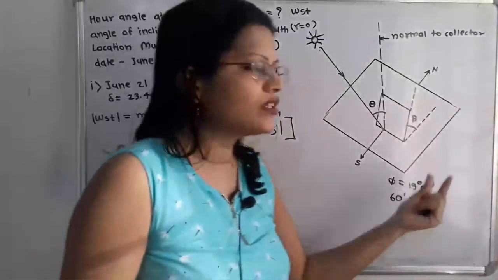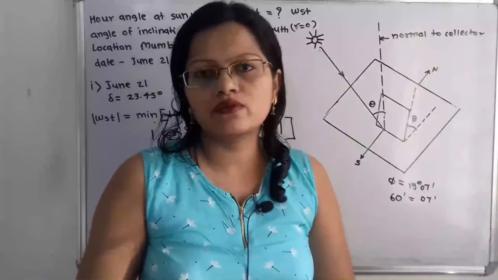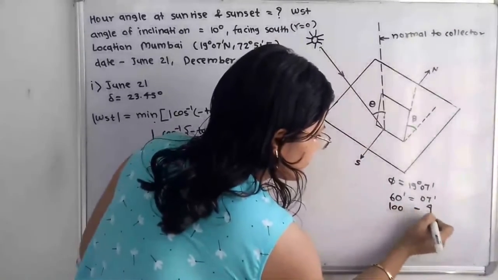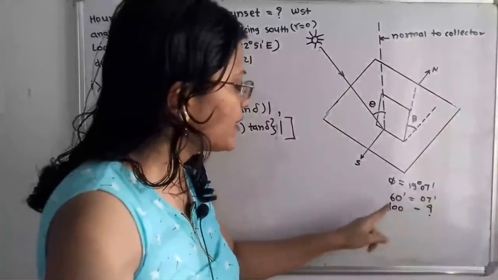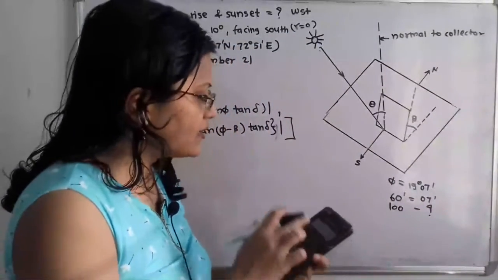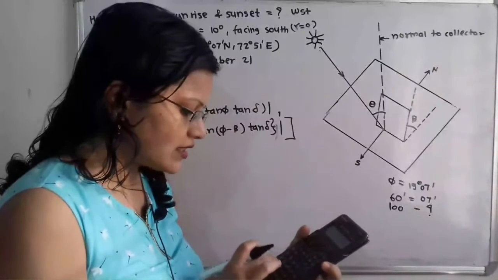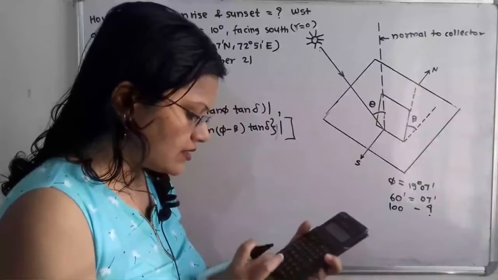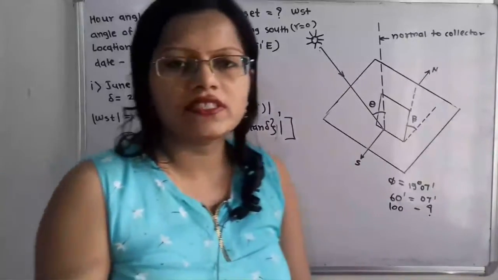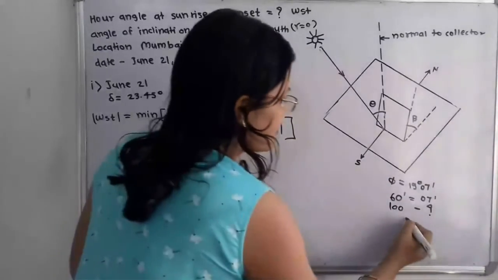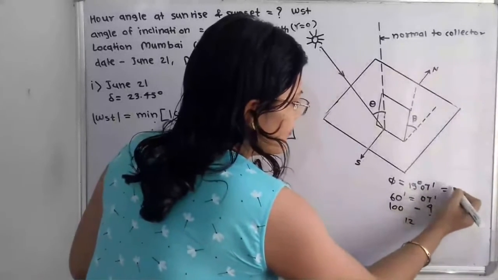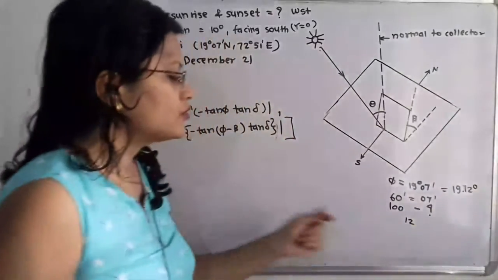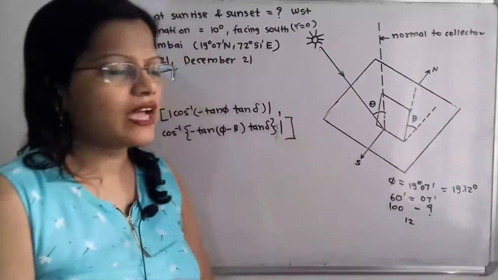We have to convert these 7 minutes into decimal points. So we make a cross multiplication: 7 into 100 is equal to 700, divided by 60, that is 11.66, which we will consider as 12. So phi is equal to 19.12 degrees. We will consider this value in the calculation.